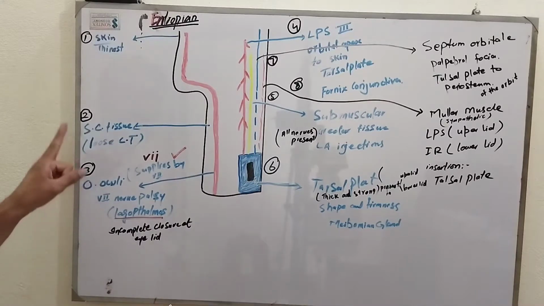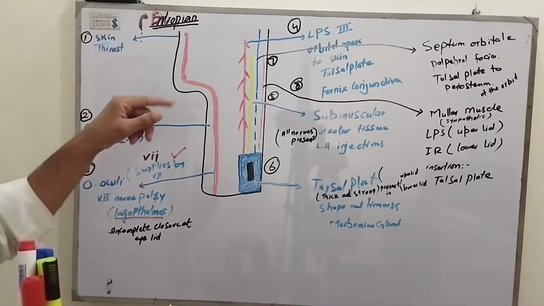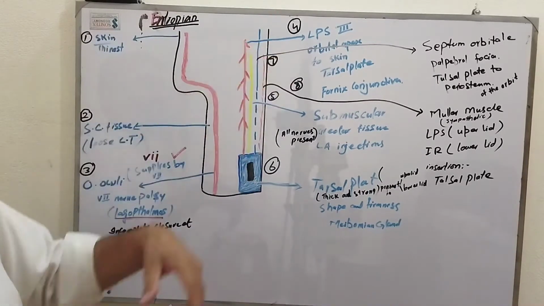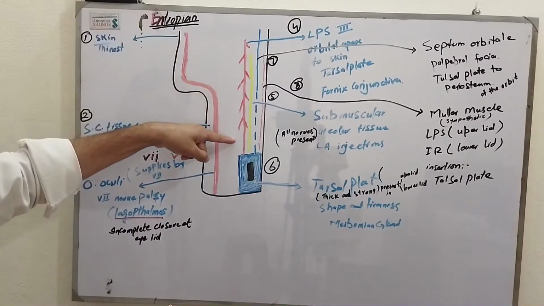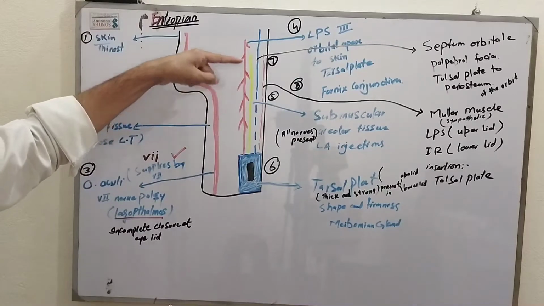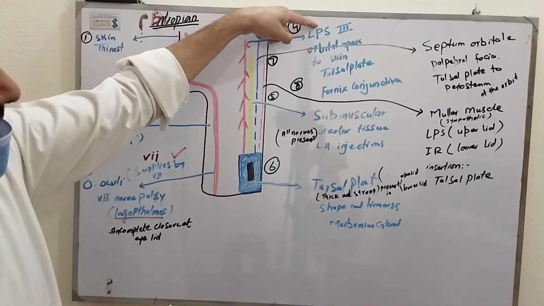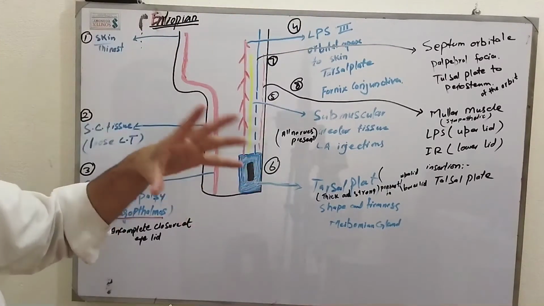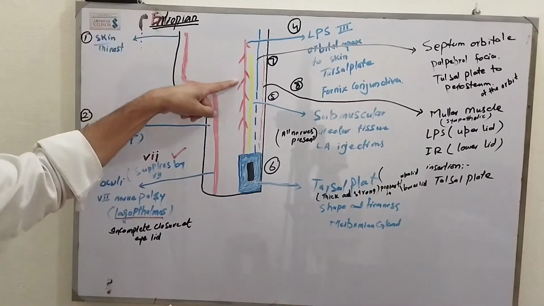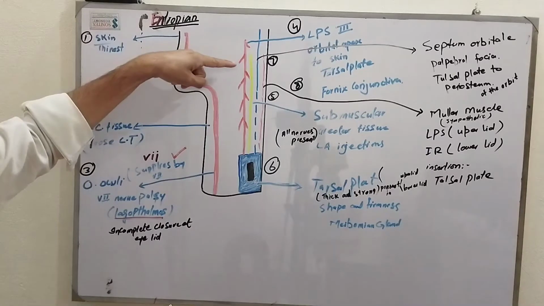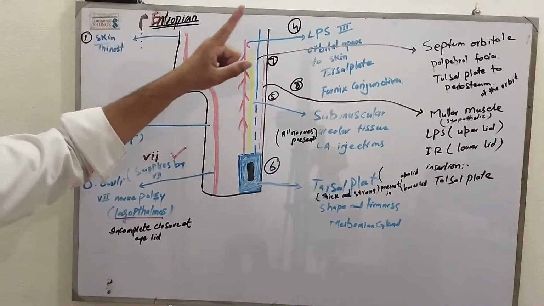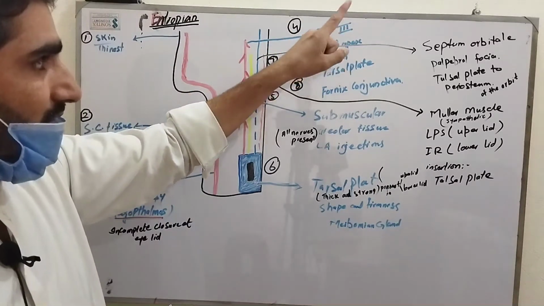This was the third structure. Now we are going to explain structure number 4. You can see in the diagram, this red structure is the levator palpebrae superioris muscle. It is supplied by the third cranial nerve.